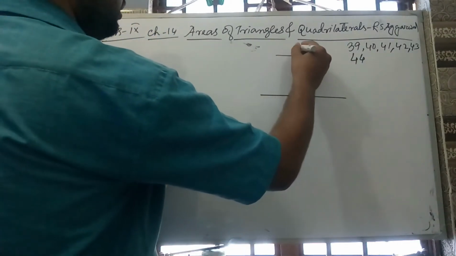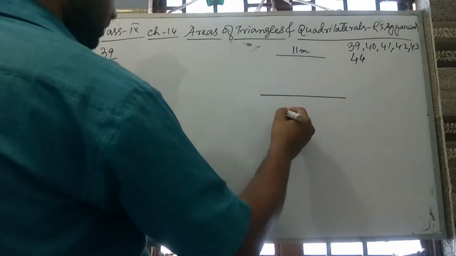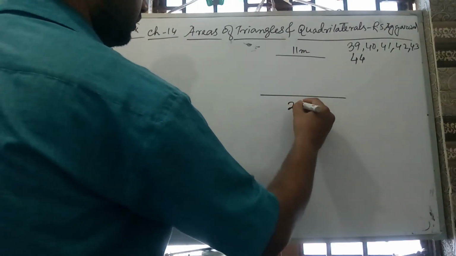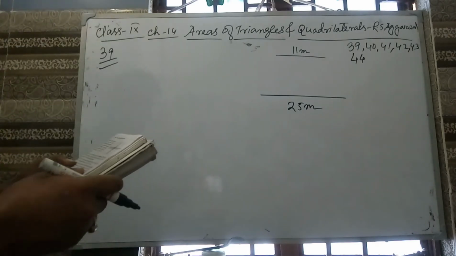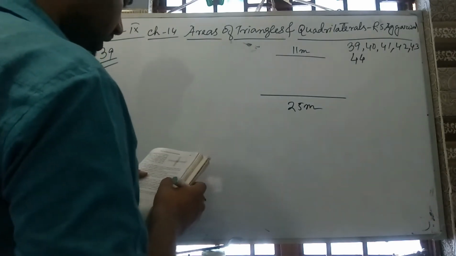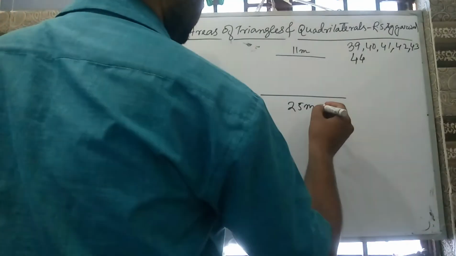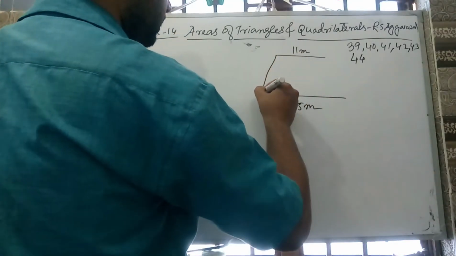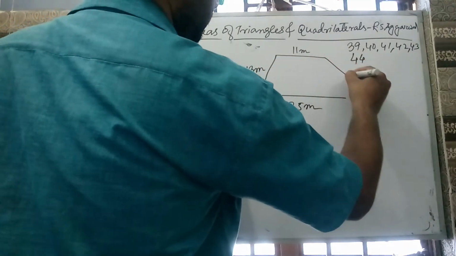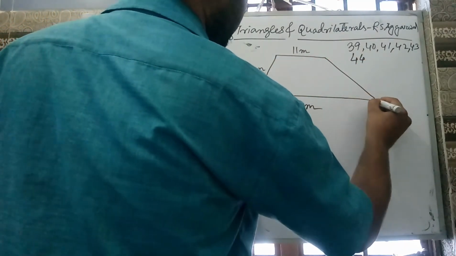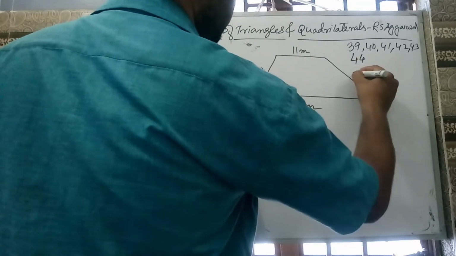So suppose this is 11 meter and this is 25 meter. And the non-parallel sides are 15 meter and 13 meter. So let us consider this is 13 meter and this side is 15 meter.